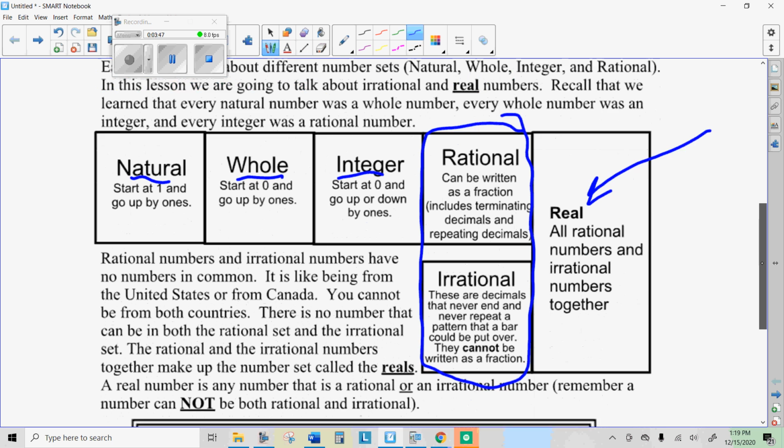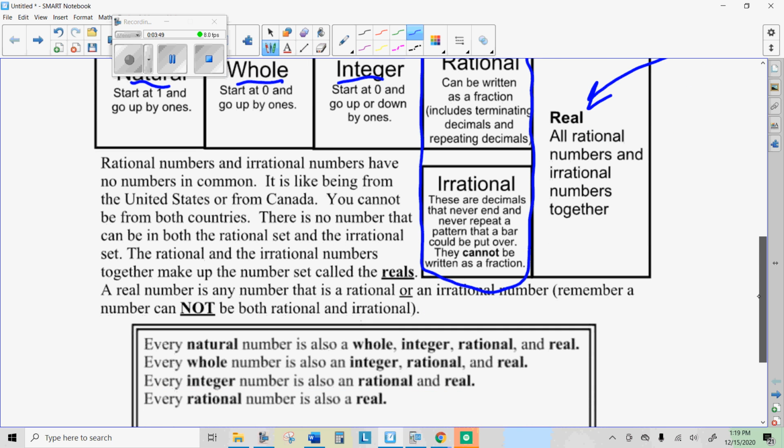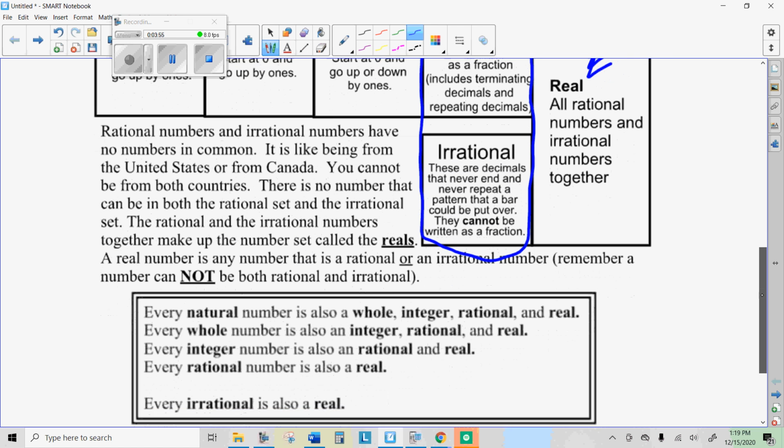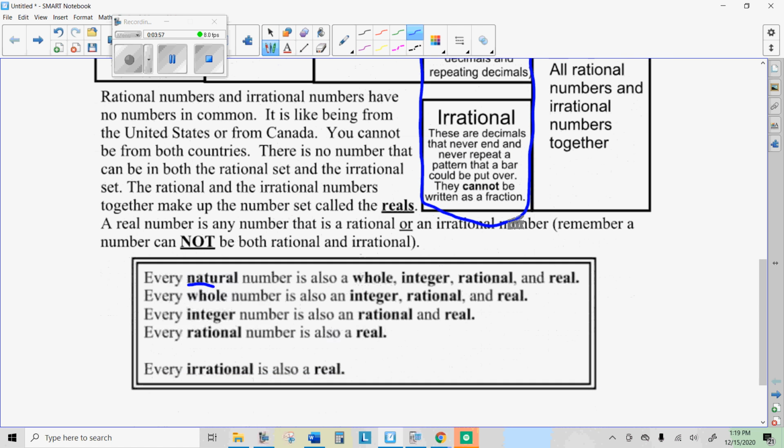Now remember that every natural number is also a whole, an integer, a rational, and a real. Every whole number is an integer, a rational, and a real. Every integer is a rational and a real, and every rational is also real. And now every irrational number is a real.